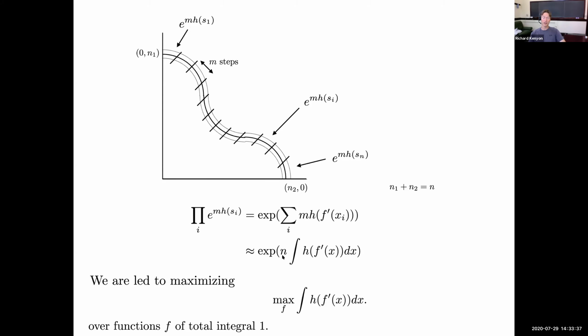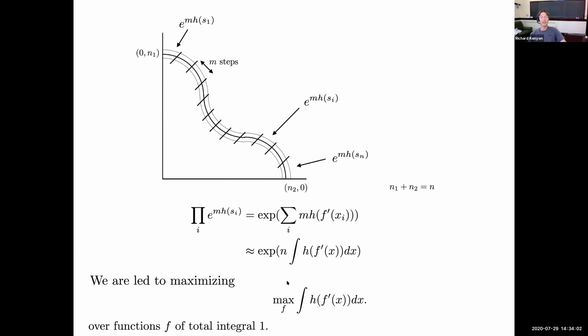But when n gets large, for this exponential growth rate, any function which is strictly less than the maximum value for this integral is going to be negligible in front of the largest one.